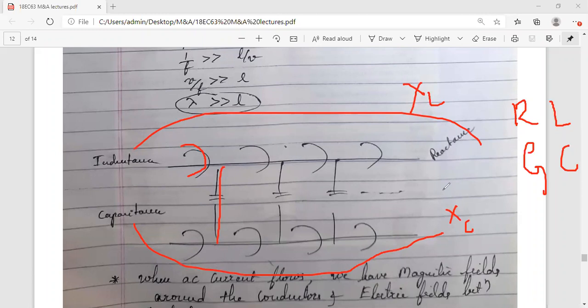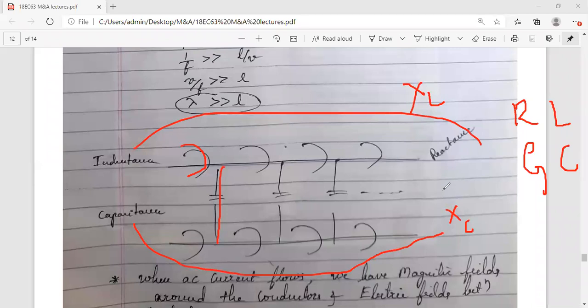Their effects are felt on the transmission line. We call these 4 parameters the primary constants of the line. Remember, primary constants, or we can even call them the distributed parameters of the line.